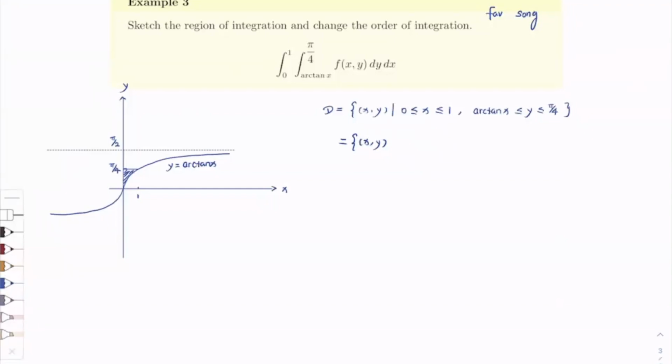So x is from 0 to this graph. You want to write it as x equals something. So since y equals arctan x, x will equal tangent of y. So 0 is less than or equal to x, which is less than or equal to tangent y, and your y is between 0 and pi over 4. Okay, so switch the order.